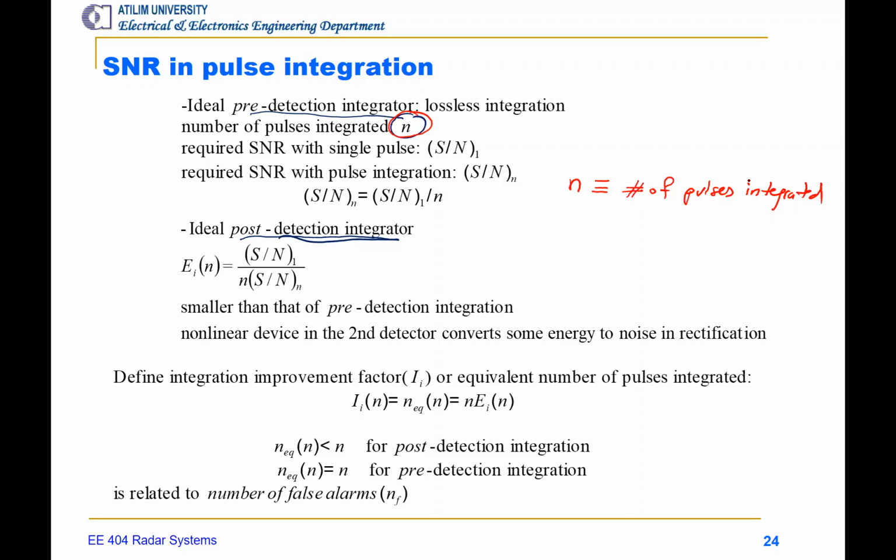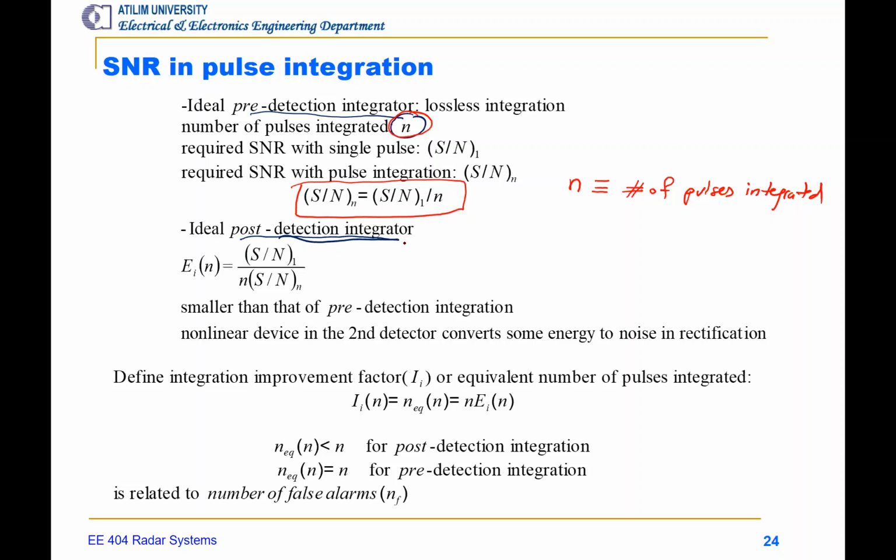So how much do we increase SNR by using pre-detection integrator? It's easy in here. We can use simply 1/N of the single pulse SNR to get the same false alarm rate or probability of detection when we use pre-detection integrator.